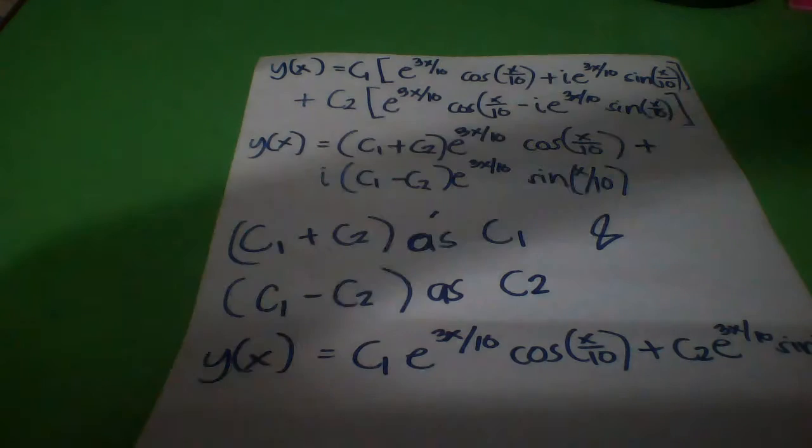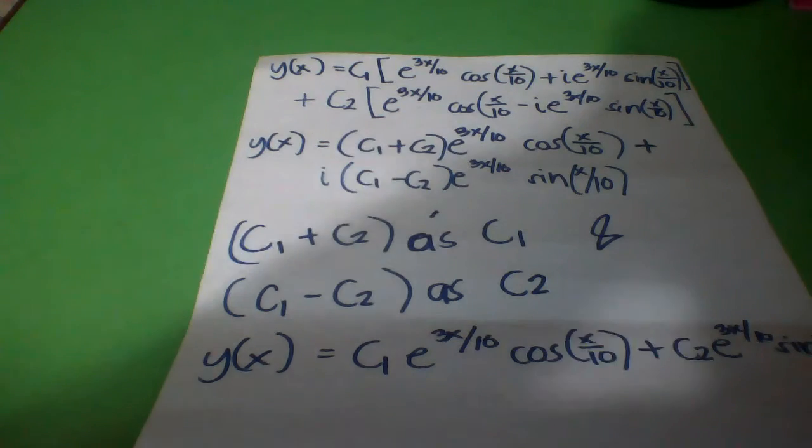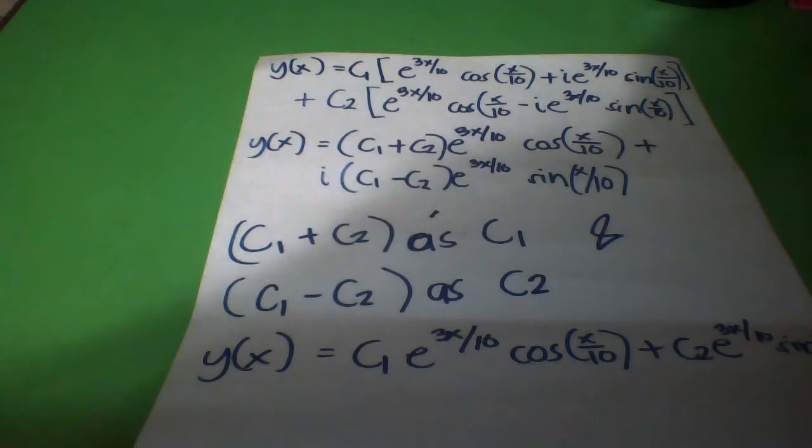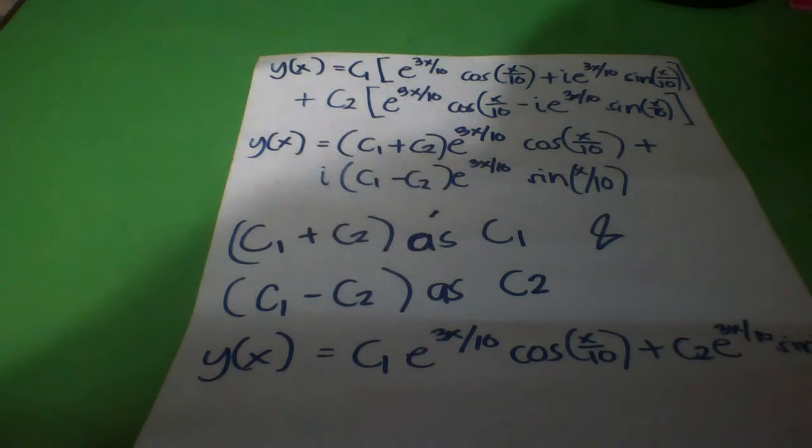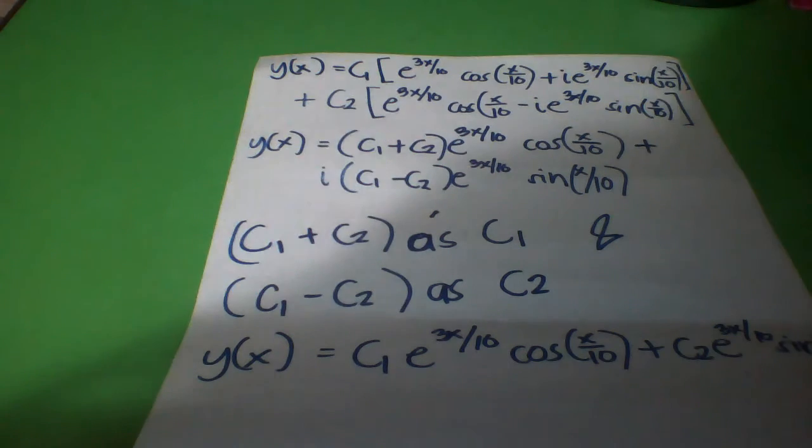So determine the particular solution of 10y double prime minus 6y prime plus y is equal to 30 sine x cosine x by the method of undetermined coefficients.